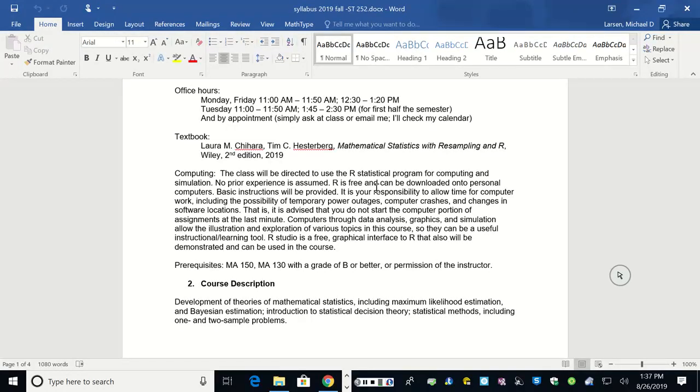Right? So prerequisite for this is some calculus class, 150 or 130, or permission. And it's useful if you've seen a course in statistics before. You don't necessarily have to have seen one, because it kind of builds, and with the math background, you do well. But the more you've seen, the more something will be familiar.